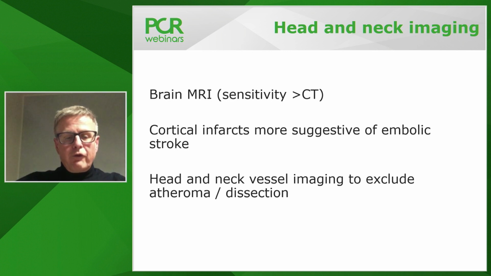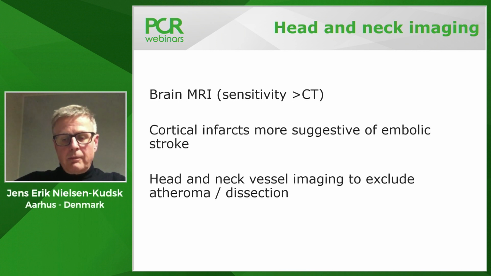On the contrary, if you find ischemic lesions in the deep part of the brains corresponding to the penetrating arteries, it's maybe more likely to be related to atherosclerosis or hypertensive vascular changes, at least to a vascular cause. So this distribution is what we look for.